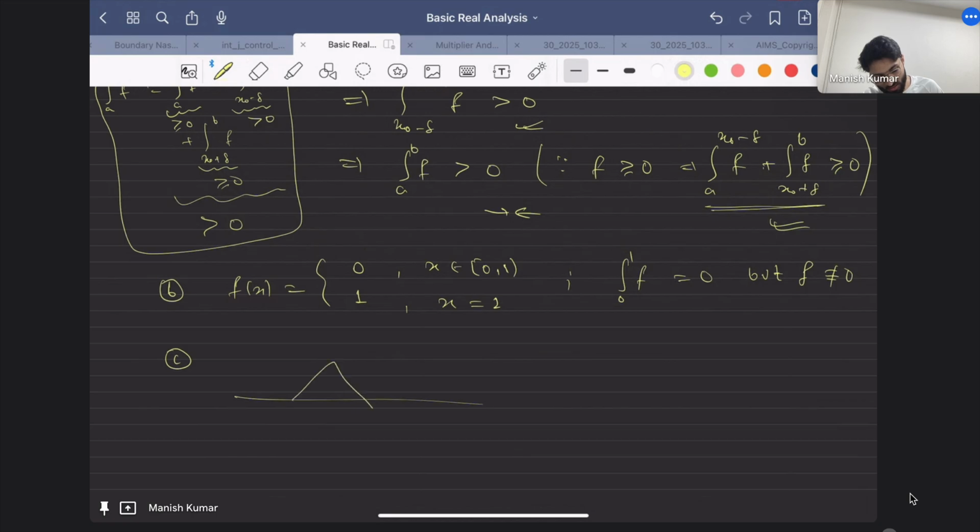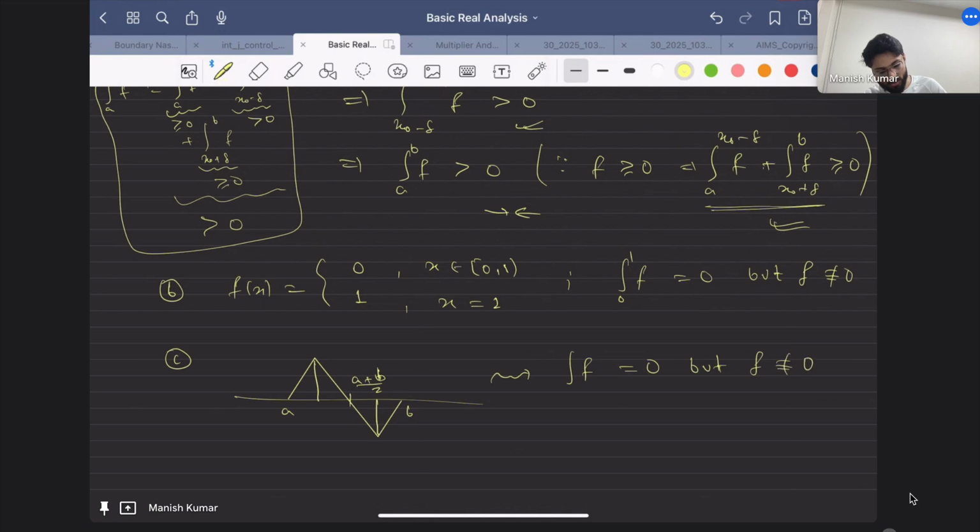Whatever area is above, the same area is below. Say this is a, this is b, let's take this as the midpoint, and let's say this height is the same as this height. The picture might not look good, but here you can see that the integration would be 0, but f is not 0.